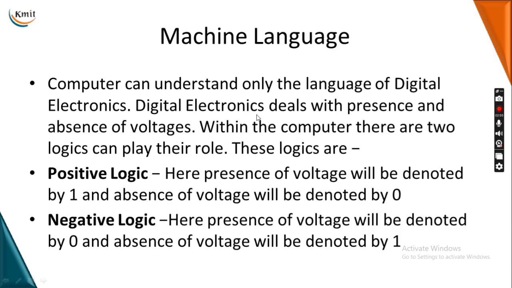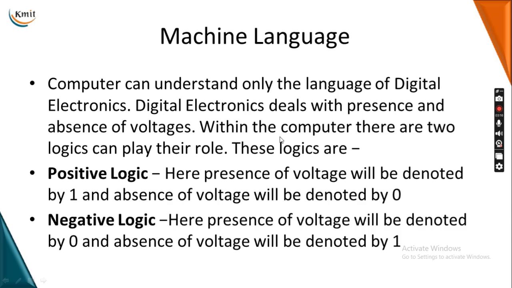Digital electronics deals with the presence and absence of voltages. Presence of voltage will give us plus 5 volts, absence of voltage will be taken as 0. So plus 5 volts is high, 0 volts is low.